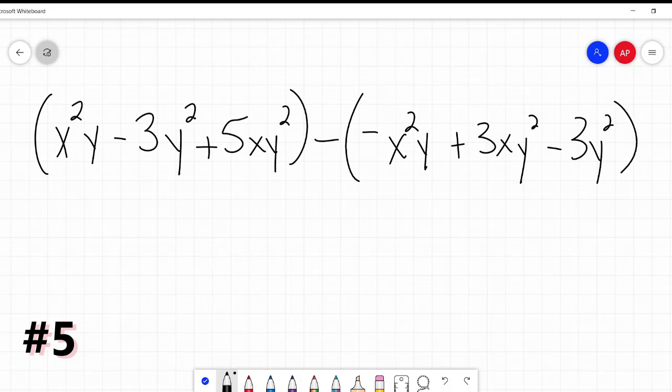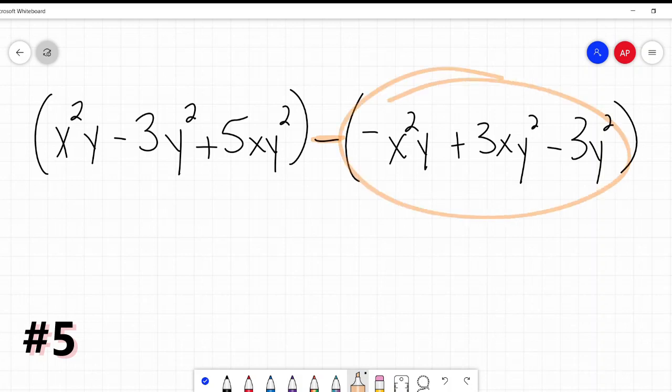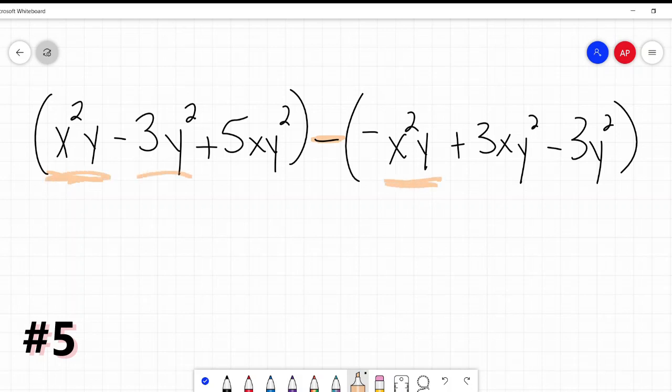Okay, there's 2 things here where they're trying to trick you. I'm going to highlight them. All right, 1, this is this negative right here. This applies to everything in that parentheses. It's minus all of that, so we have to be very careful. The other thing is, look at our order here. We have an x squared y, then x squared y. 3y squared, 3y, no. 3y squared.